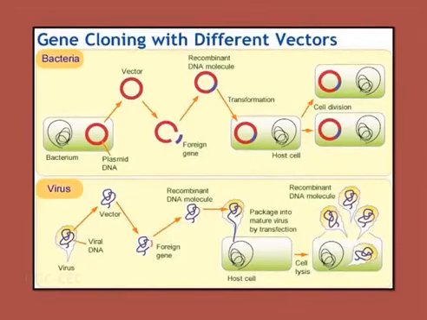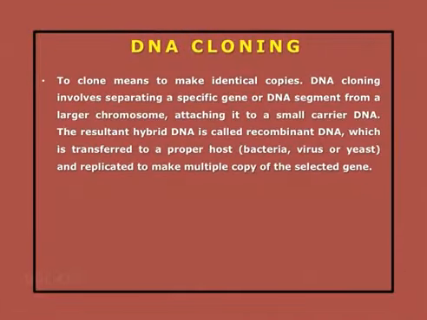So let's have a look onto the entire story of cloning. What do we understand by the term cloning? Cloning means to select a particular gene and make multiple copies of that gene taking help of cloning vectors. Cloning vectors are used, and therein we introduce the insert DNA from different sources and they are joined together to form a recombinant DNA.